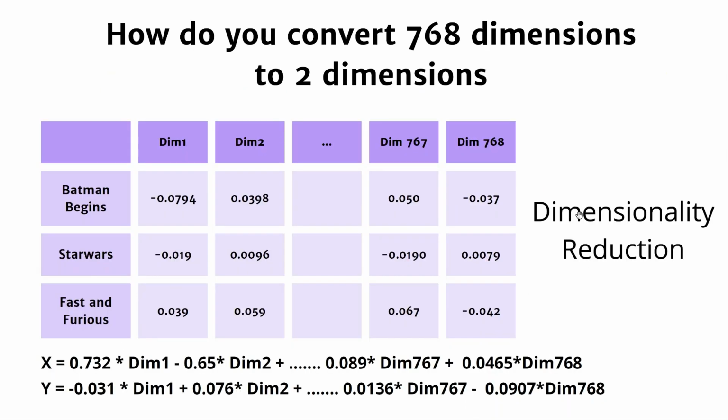You cannot say that you can convert it into x and y dimensions while preserving, let's say, local and global structures, but you'll have only a linear combination. It might be a non-linear combination as well. By non-linear, I mean there could be a logarithm, log of dim1, log of dim2, or you can square dim1 or square dim2, or you can do any other non-linear combination, right?